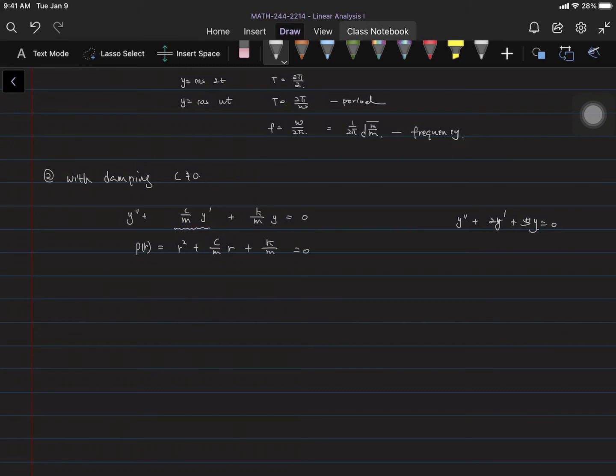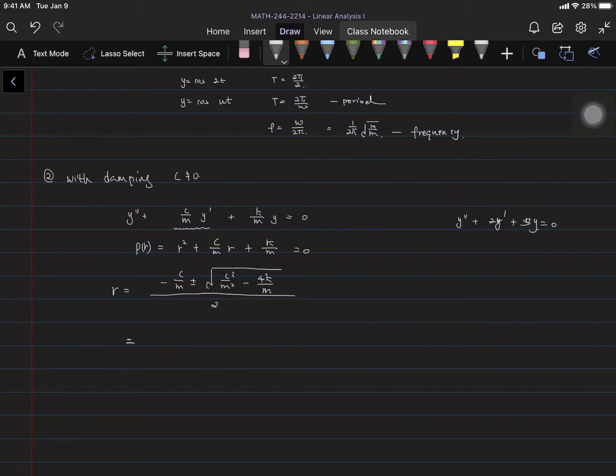Because they are just general, we have to use the quadratic formula, with 2a in the bottom: negative b plus minus the square root of b squared minus 4ac, all over 2a. Next we want to simplify this a little bit.